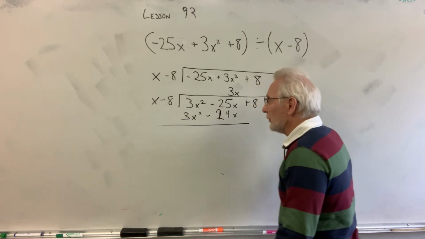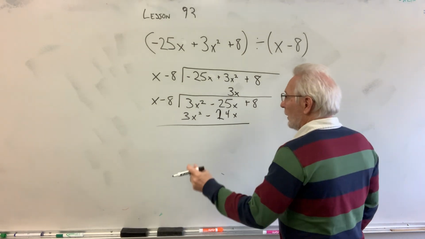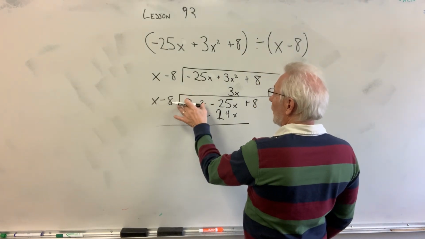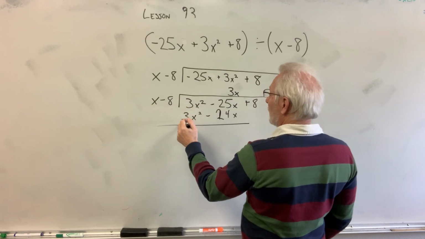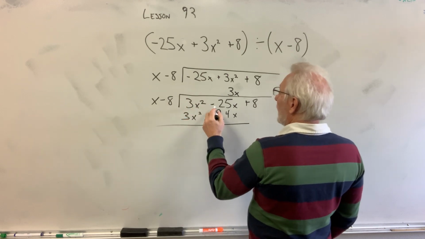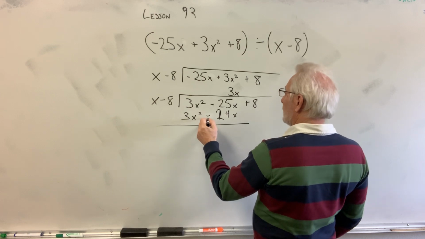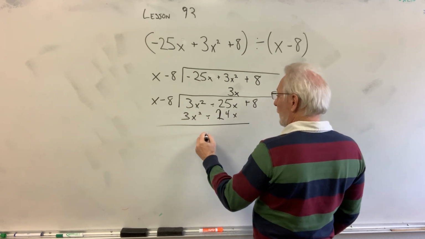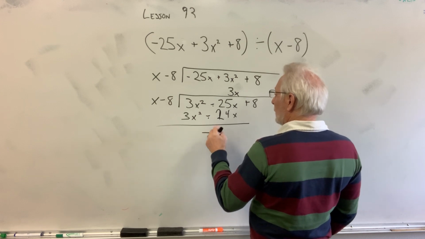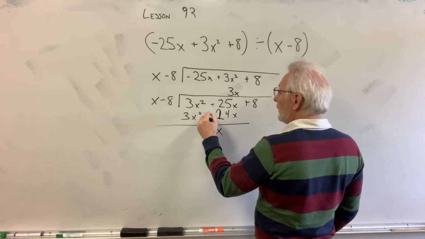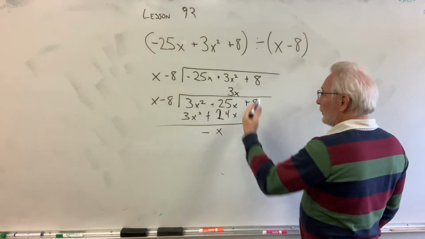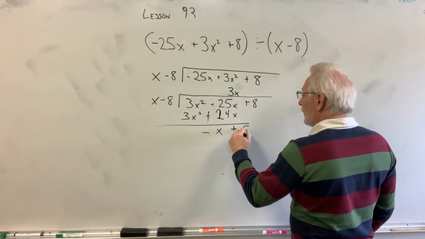And then again, we just come back, just like we did before, and subtract. So 3x squared minus 3x squared is 0. Now, subtracting a negative is the same thing as adding a positive. So we're going to be left with negative x, because we've got 24 good guys and 25 bad guys. Now, just like with long division, we bring down the next one, plus 8.